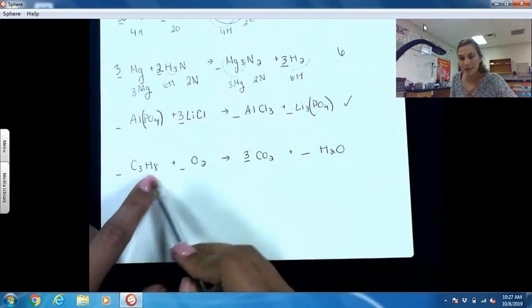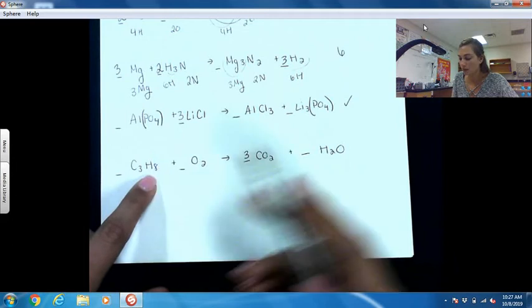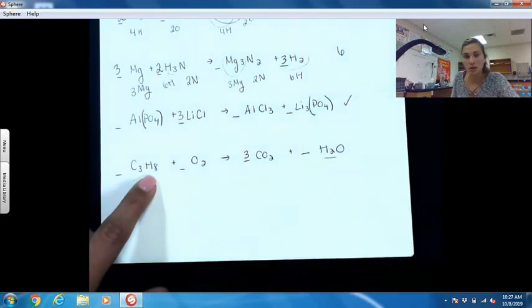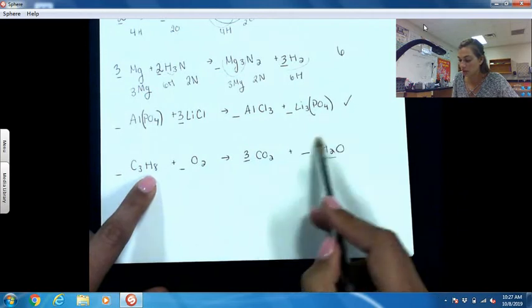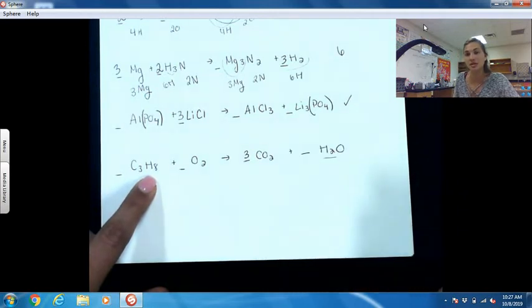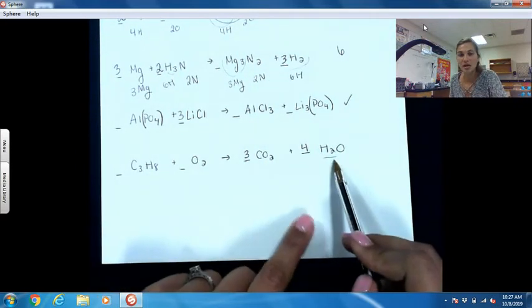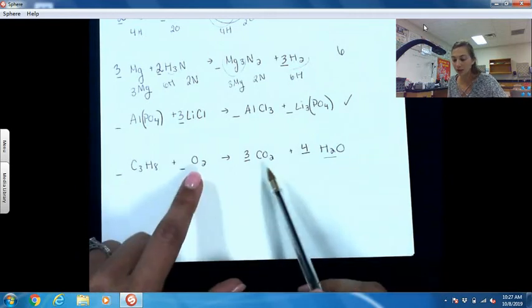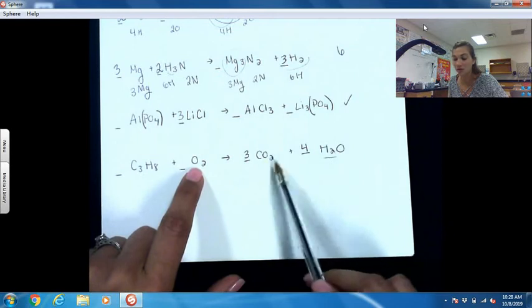Next up, I have 4 hydrogens on my reactant side, and I have 2 on my product side. So in order to get this to be 8, because 8 is the least common multiple between 2 and 8, I need a 4 out in front of water. Now this one is a little bit different because the next one that we have to balance is oxygen, and that is in 3 of the compounds.